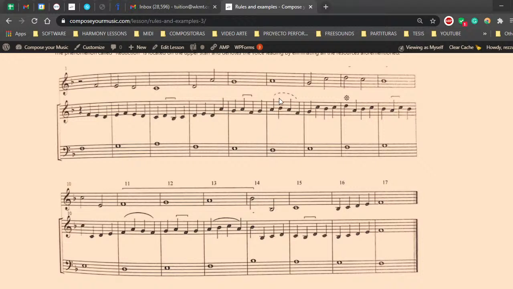If you see, you have the prolongations because it's just the A that's neighboring, and then it skips, but actually the A goes to the G. This F, despite the fact it's a skip, doesn't add anything structurally.